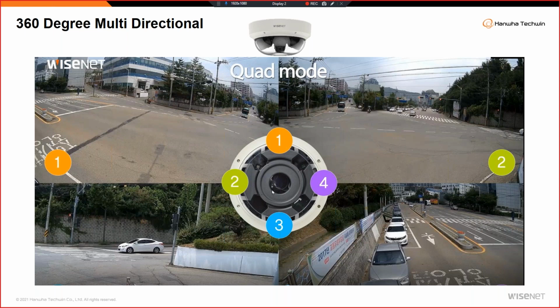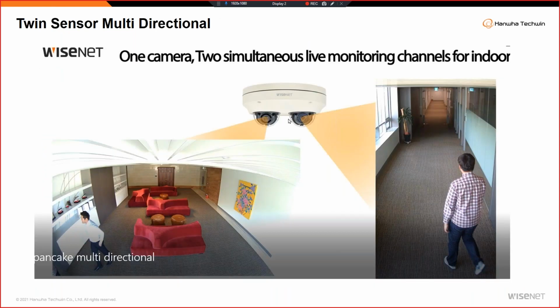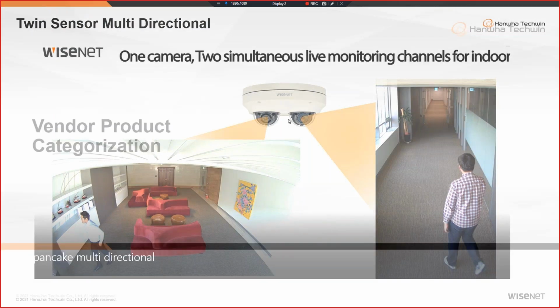So it is beneficial in many ways. For certain locations, panoramic cameras are good. Aesthetically, it is only one body instead of four cameras looking here and there. It looks like one camera, but with four lenses. Then there are two sensor cameras as well.